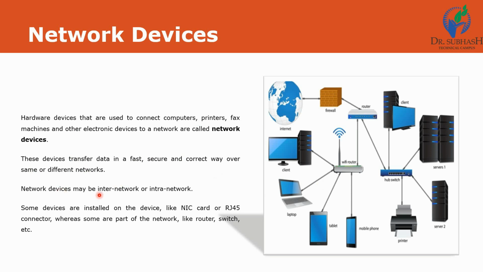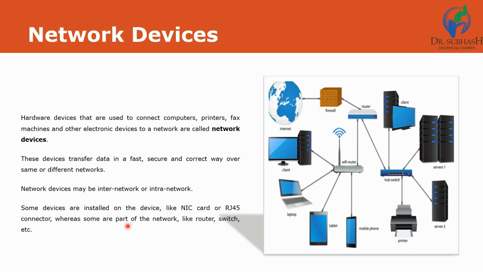Network devices may be inter-network or intra-network. Some devices are installed on the device, like NIC, Network Interface Card, or RJ45 connector, whereas some are part of the network, like router, switch, etc.